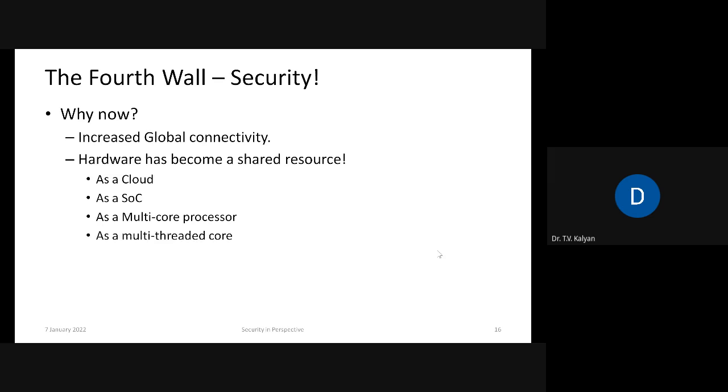And even within one core, we have the notion of multi-threaded cores, where multiple threads from the same program or different programs can share resources within a single core, from the reorder buffer to the caches. All these choices we made were primarily to address the previous three walls from the hardware perspective.